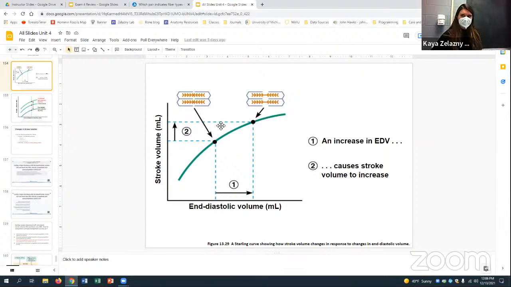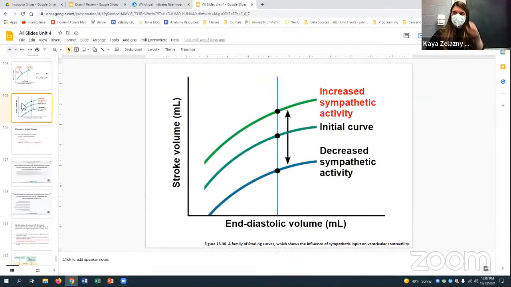Then we think about these as families of curves, these Starling curves, because we can either shift this line up or shift this line down depending on our nervous activity. All that means is that as we increase sympathetic activity, the same end diastolic volume will give you greater stroke volume, basically because we can think of these effects as additive.